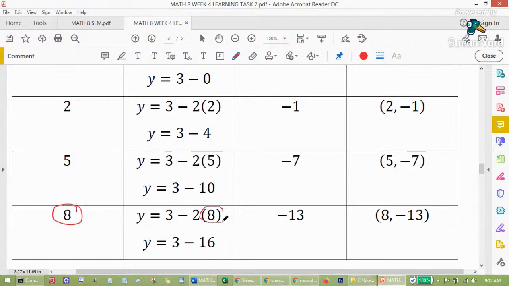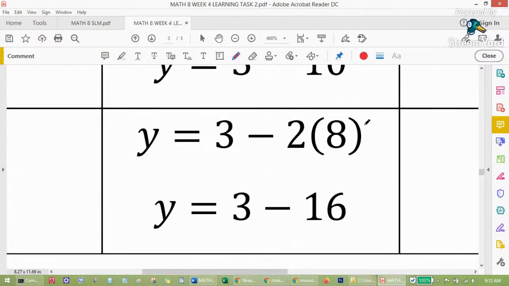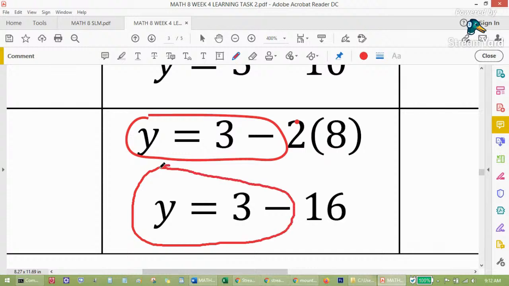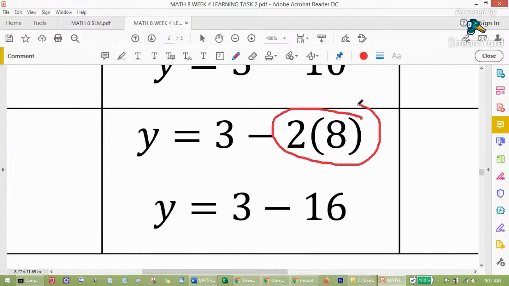So, lalagyan lang natin ng 8 doon. And then, papagpatuloy na natin to. Simula dito hanggang dito, kokopyahin muna natin yon. Okay. And then, 2 times 8 is 16.